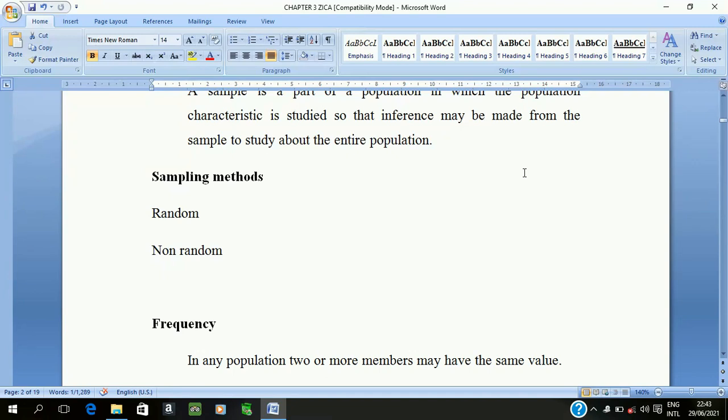Non-random sampling is where you follow a particular or systematic way of picking a sample, and this is quite biased. Which one is more important, random sampling or non-random sampling?